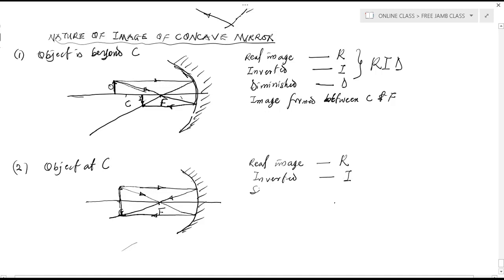But it's the same size, S. We call it RIS. So here, image formed at C again.